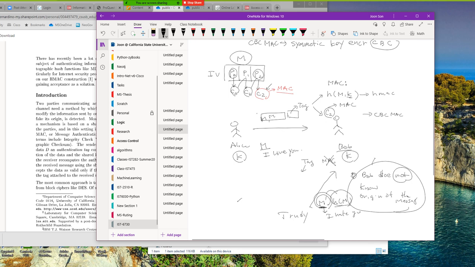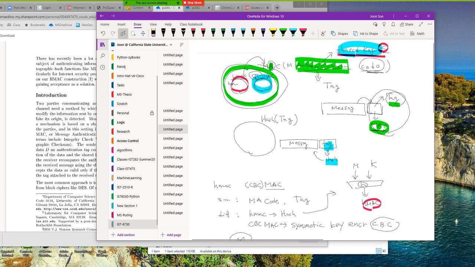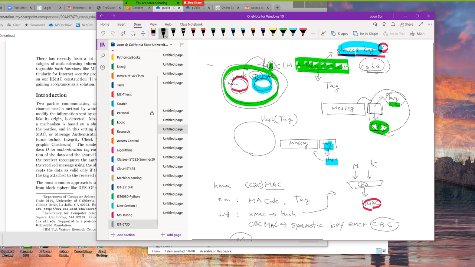Bob has an authentication issue. And so to resolve this issue, we can use HMAC, right? And that's why it says authentication.